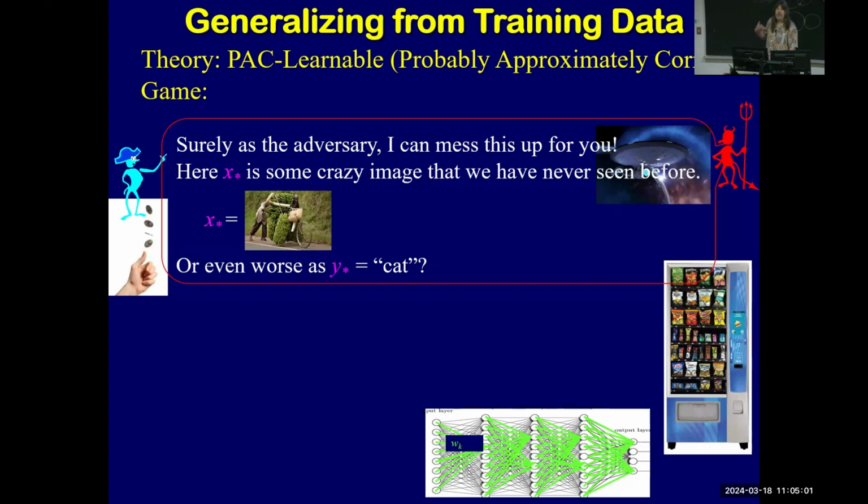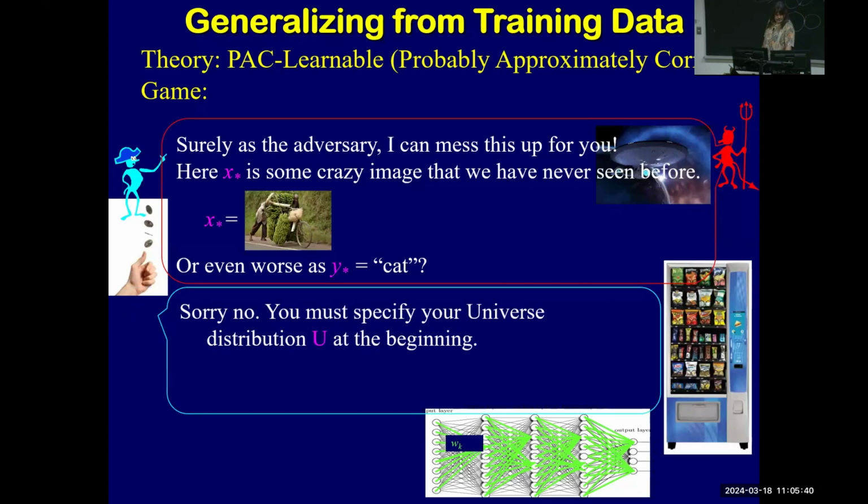If this image has a high probability of being outputted, then with high probability it's going to be in our training data, and we're going to know that this is a bicycle, right? And if it has a low probability of coming out, then we might not learn that it's a bicycle, but neither is it likely to come out as our extra training piece, right? Does everybody kind of follow that?